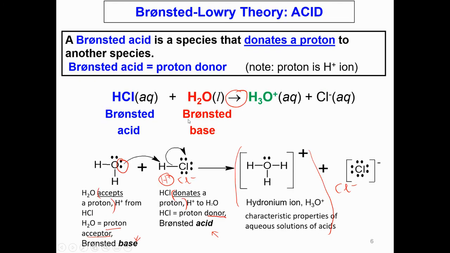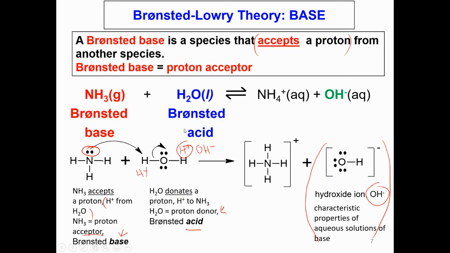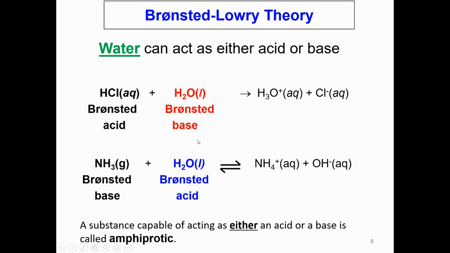So in both cases, we can see that water can react as a base, and water also can react as an acid. Water can act as either acid or base. For example, if it's a base, it will accept a proton, so H2O becomes H3O+.